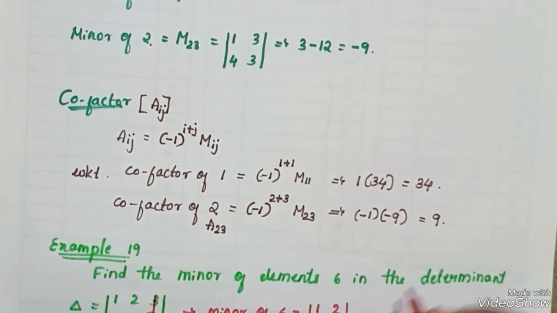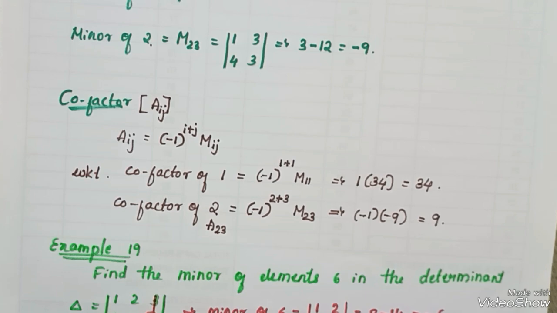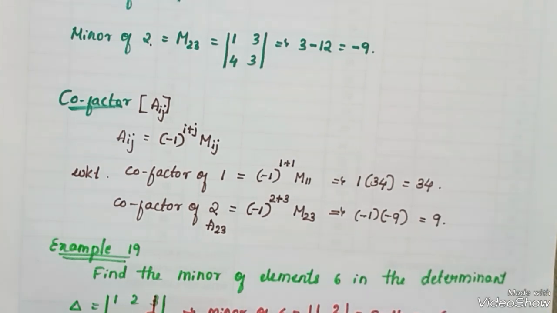The determinant value is 1 into 8 minus 7 into 2 minus 14, that is 8 minus 14, which becomes minus 6. Therefore the minor of the element 6 is minus 6.